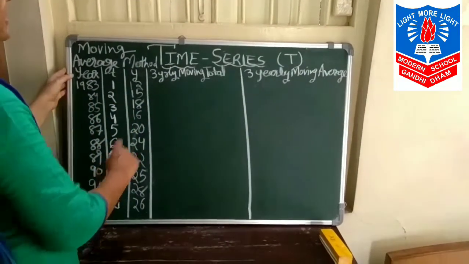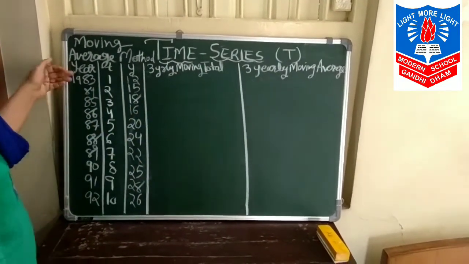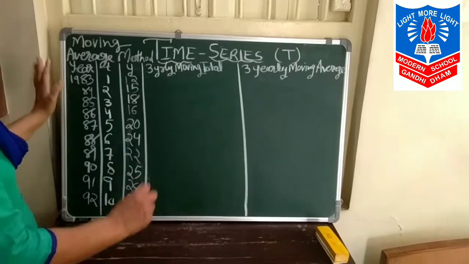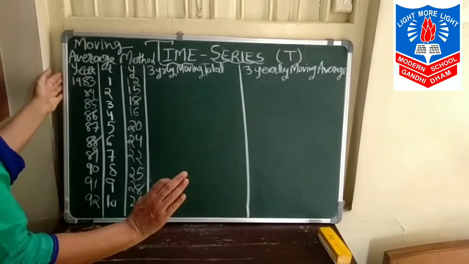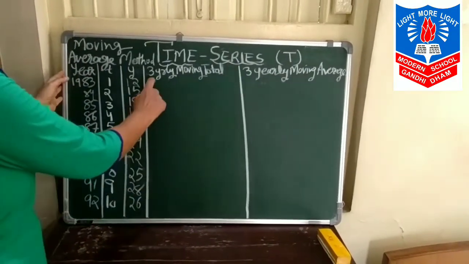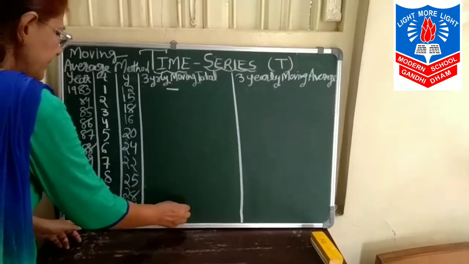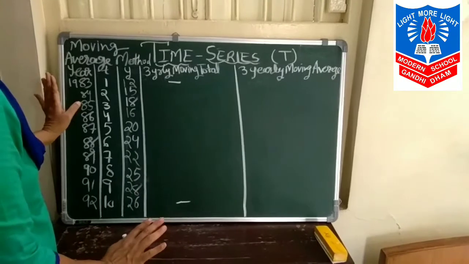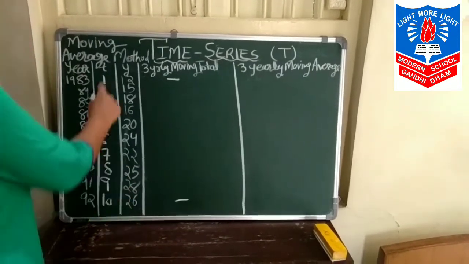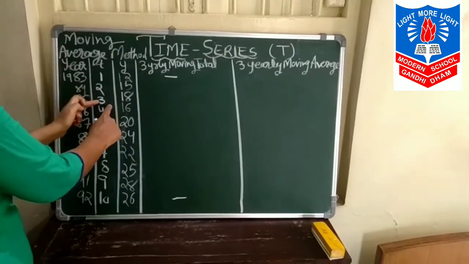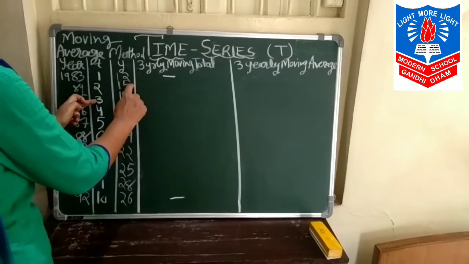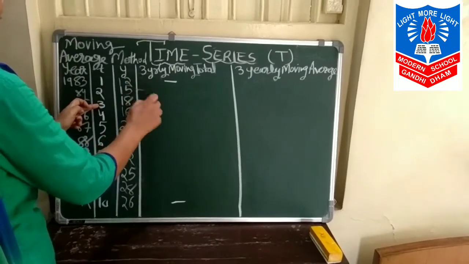Now how do we find this 3 yearly moving total? We find the total of the first 3 years. Always remember, for this, the first year and the last year calculations won't be there. The total of the first, second, third years we will write in the middle one.